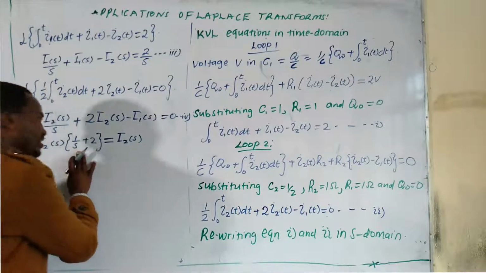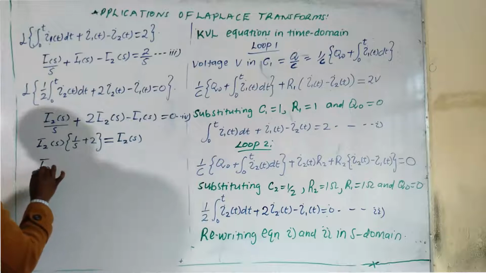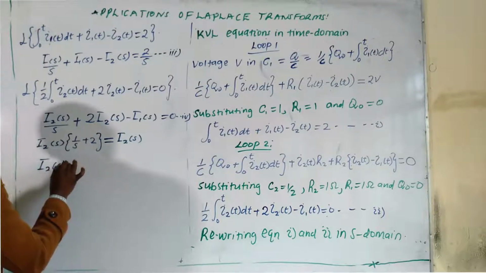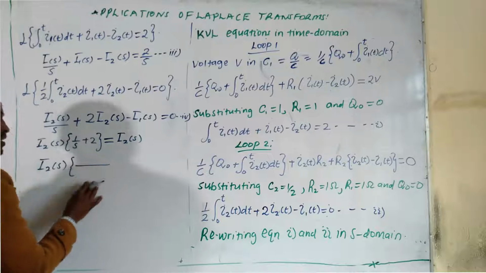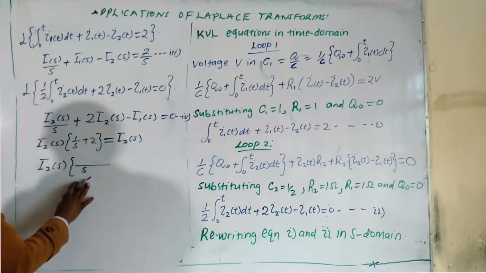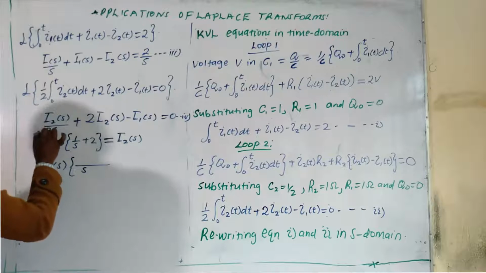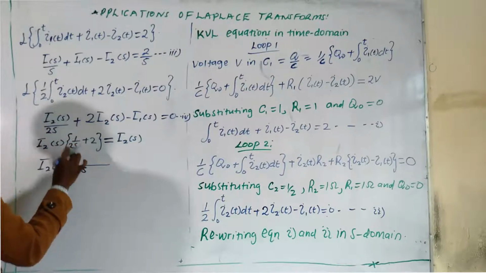You can find the LCM here. It is I2 of s. What's the denominator? S. Here there is these two. You see these two? This will be 2s.